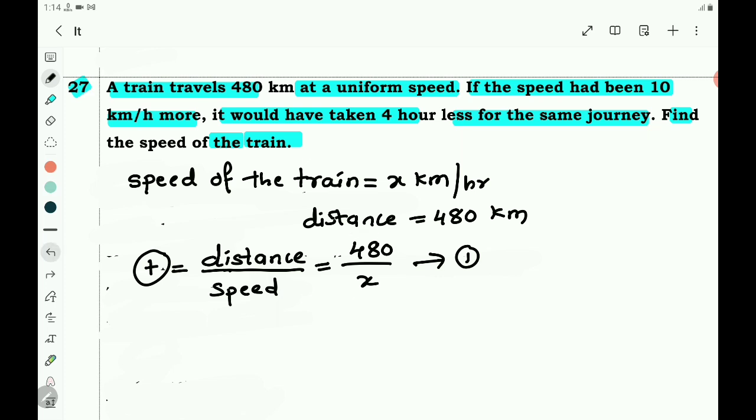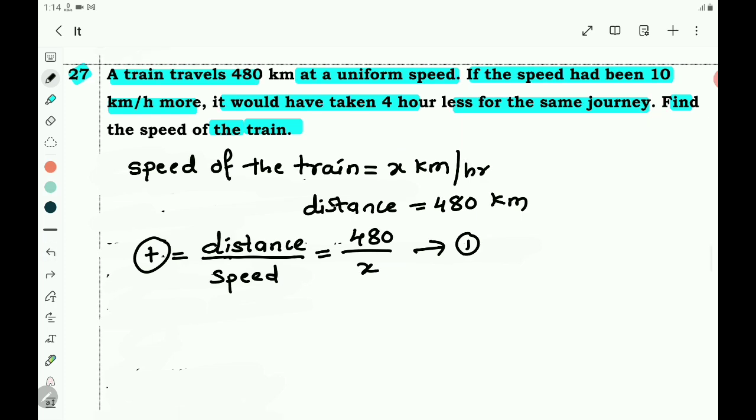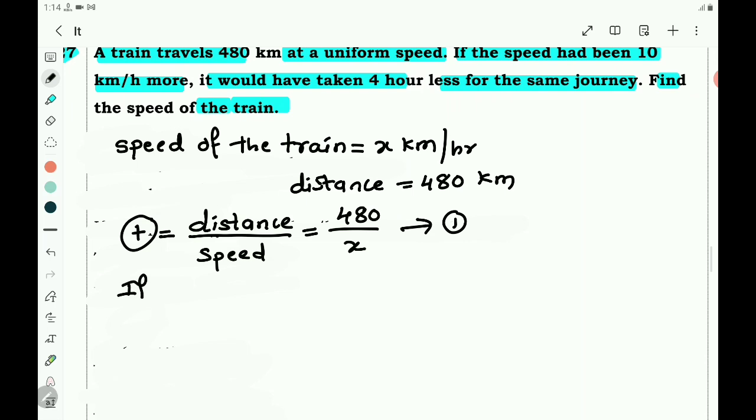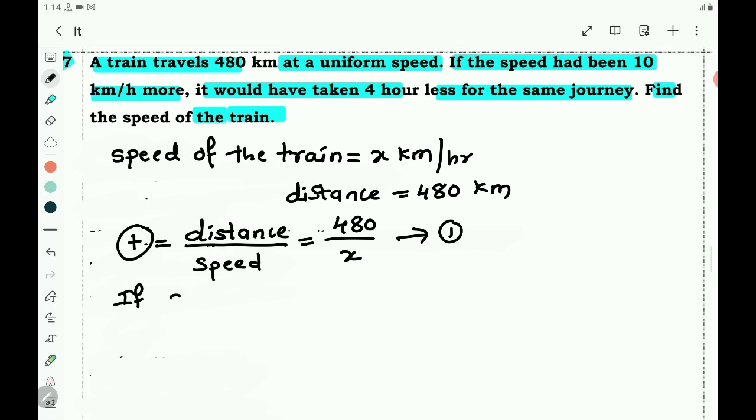If it travels with the speed of x kilometer per hour, then the time taken is 480 by x. And if its speed increases by 10 kilometer per hour, then the speed becomes x plus 10 kilometer per hour.